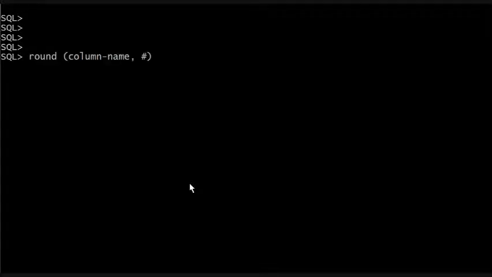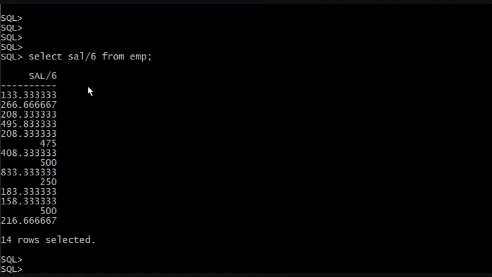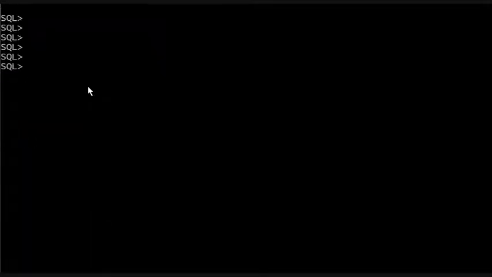So instead of select sal divided by 6 from EMP, we're just going to put the round function in before that in the syntax. So select round, I'll make it all caps, sal divided by 6, comma, space, and we said 2 decimal places from EMP.